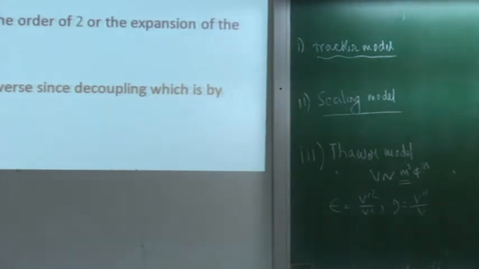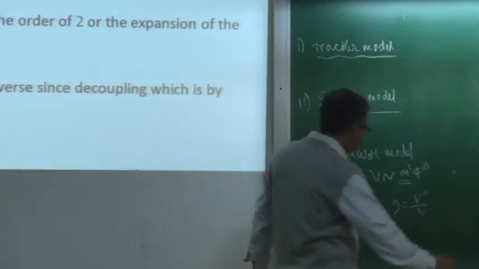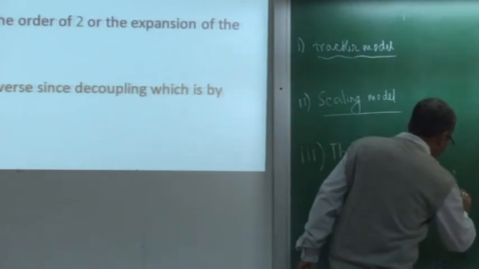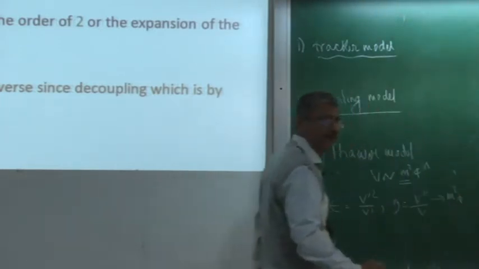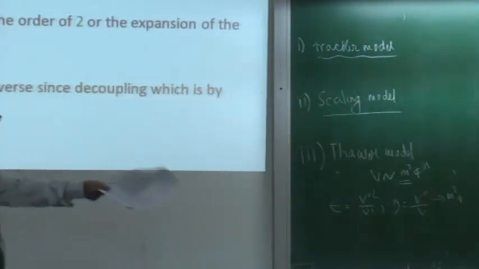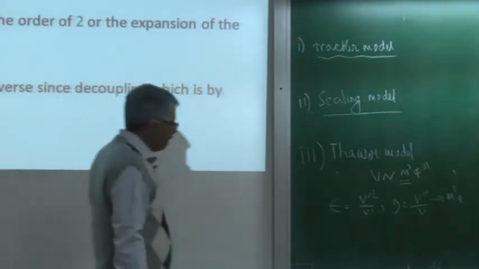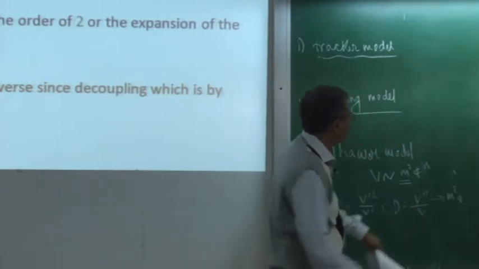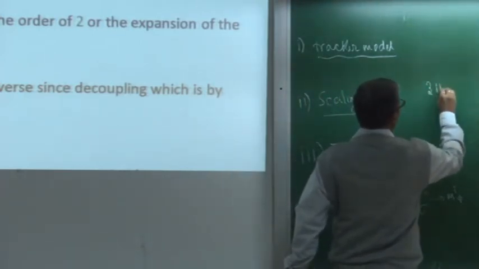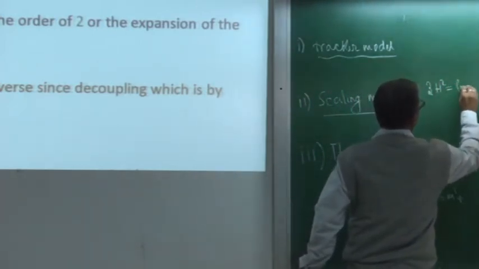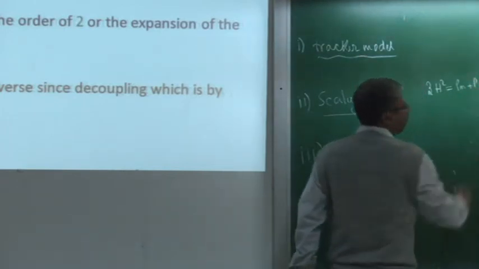Now this V double prime basically gives you the mass square of the field, the curvature of the field. And if you have this dark energy, so you have 3H square is some rho m plus rho phi. Fine.